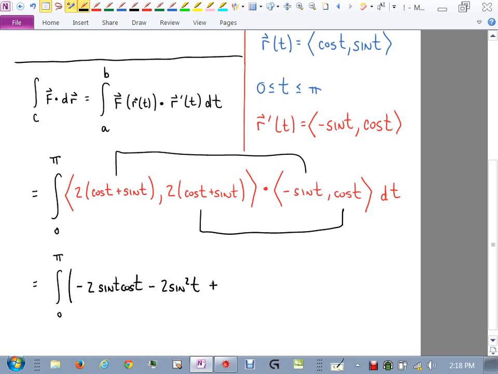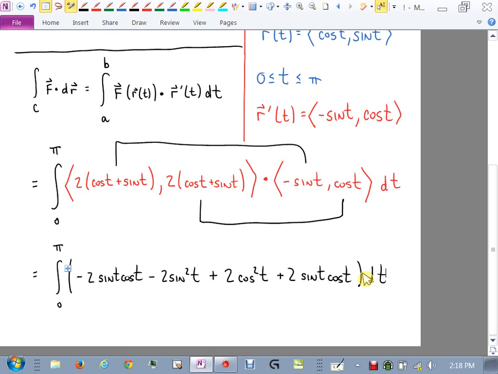That finishes the first part. Now I distribute the cosine through, so plus 2 cosine squared t, and then plus 2 sine t cosine t. All of that dt, which is going to cancel here.